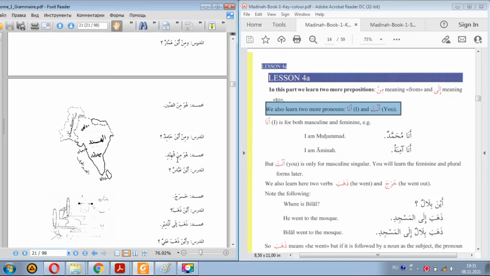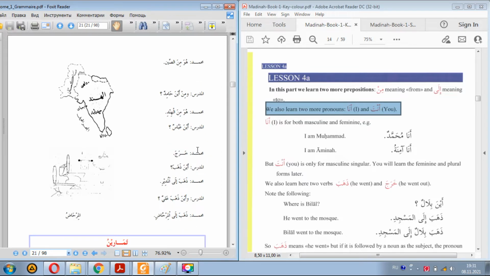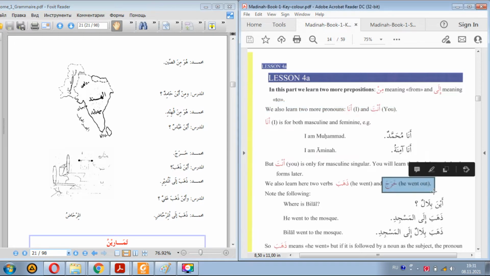Muhammad says هو من الهند, he is from India. المدرس says أين عباس, where is Abbas? ومحمد says خرج. MashaAllah, we are having a dialogue for the first time. Alhamdulillah.